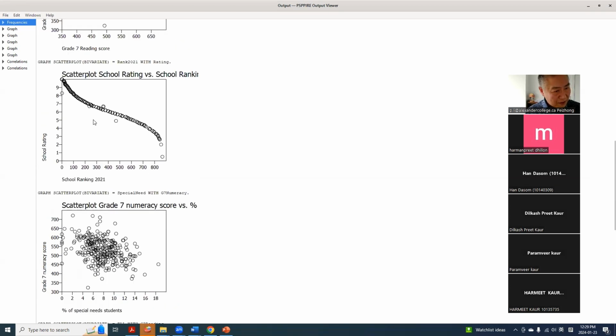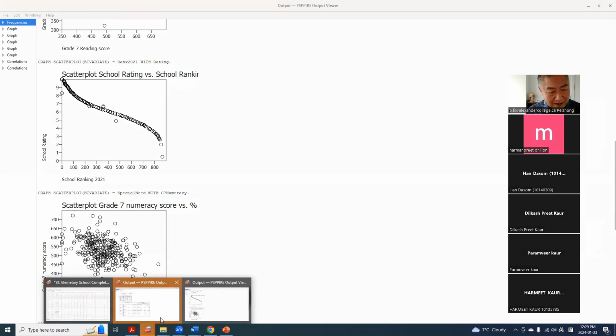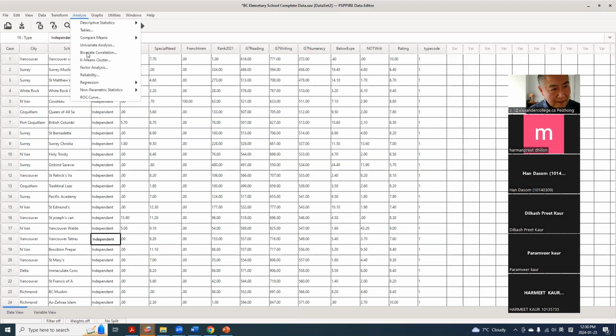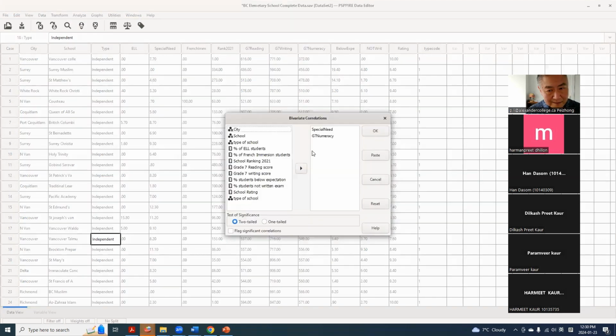This one is super strong. School ranking and school rating. And this one is going to be close to -1.0. Let me see, let's get that. School ranking versus school rating.